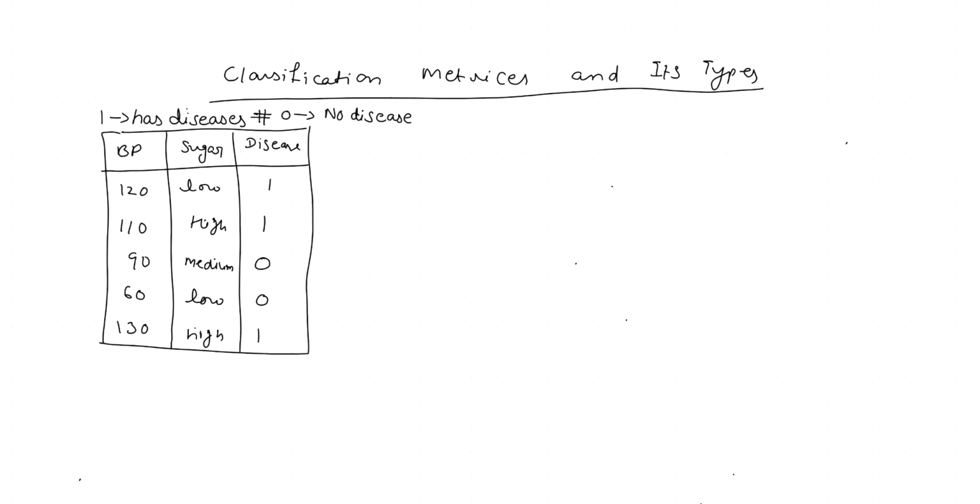First, let's start with the foundational things, which is very important before moving ahead. So look at this. This is the classification problem statement. We have the data set in which you want to predict whether the patient has the disease or not, based on these two features. So this is the data set I have considered. Now, if you want to predict whether the patient has a disease or not, what will you do?